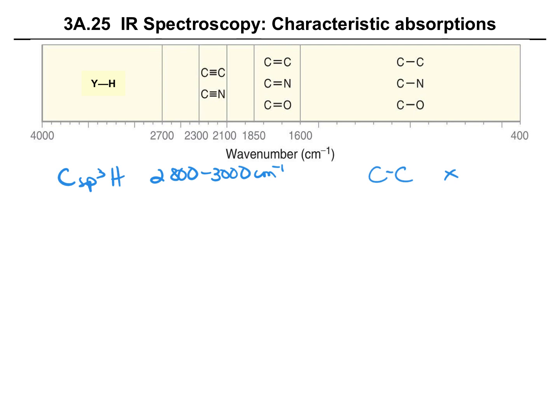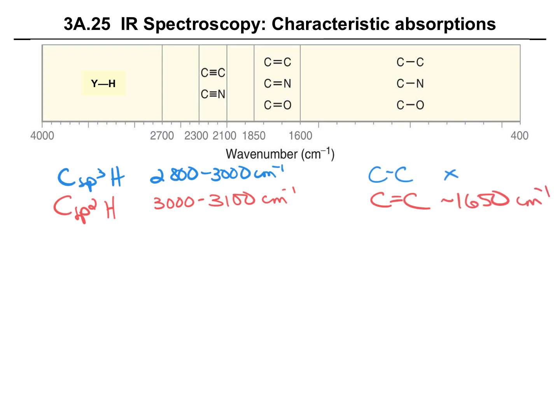In an alkene, we're going to have sp2 hybridized carbons connected to hydrogens, and these usually show up around 3,000 to 3,100 inverse centimeters. And we will also have a carbon-carbon double bond that will absorb around 1650.